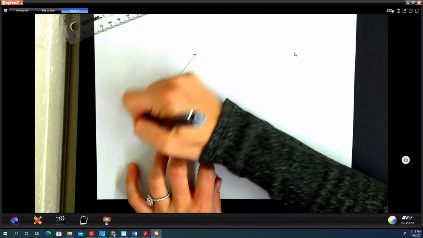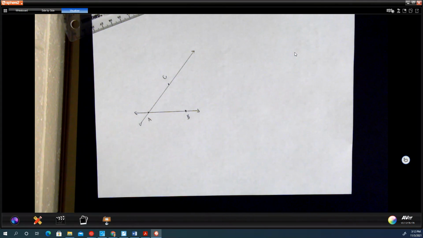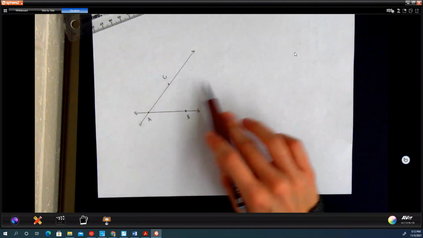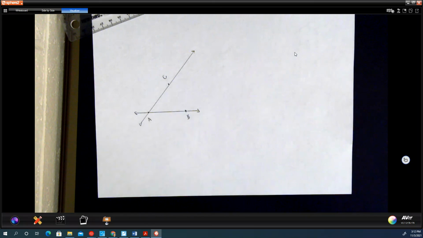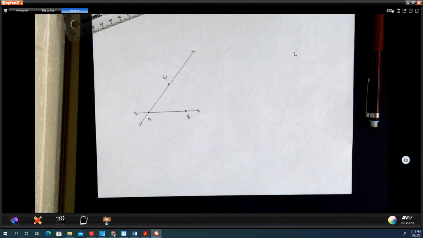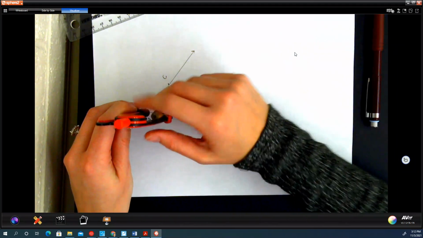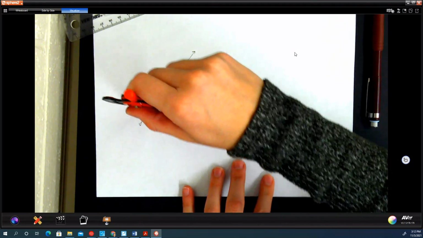All right, so essentially what we're going to do is construct angle C to be like a corresponding angle to this one. We can construct a corresponding angle up here, then we can draw the parallel line. Okay, so remember how we draw an angle? You put this at your vertex and draw an arc anywhere. So right here, draw an arc.